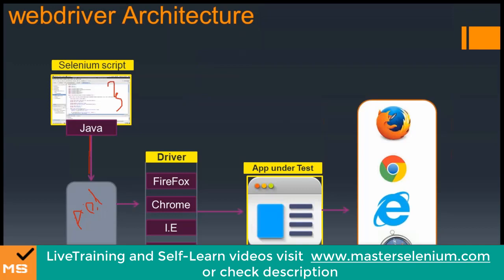If you want to open this application under test in Chrome, this API will go and invoke the Chrome driver. Chrome has a driver, Firefox has a driver, IE has a driver. The driver will help us perform the testing activity on the respective browsers. This is how exactly it works.